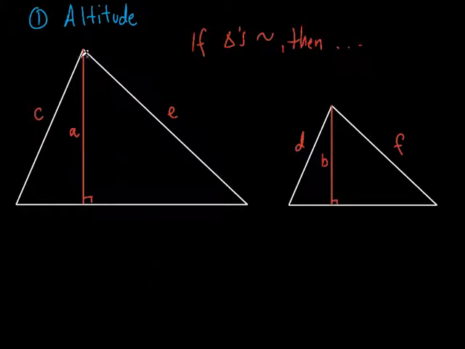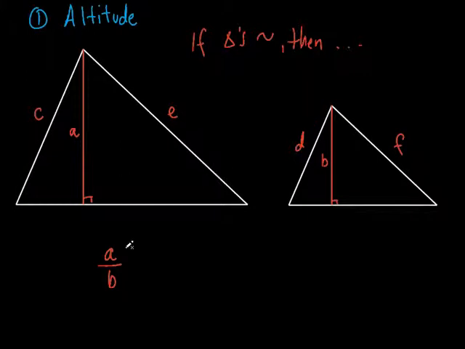So watch what we're going to do. We're actually going to compare the altitudes to each other. If I took the ratio of the altitudes to each other, how would I write this? If I made this altitude A and this altitude B, how would I write the ratio of the two altitudes? A to B. That's right, A over B. So the ratio of the altitudes is going to be the same as the ratio of the corresponding sides.